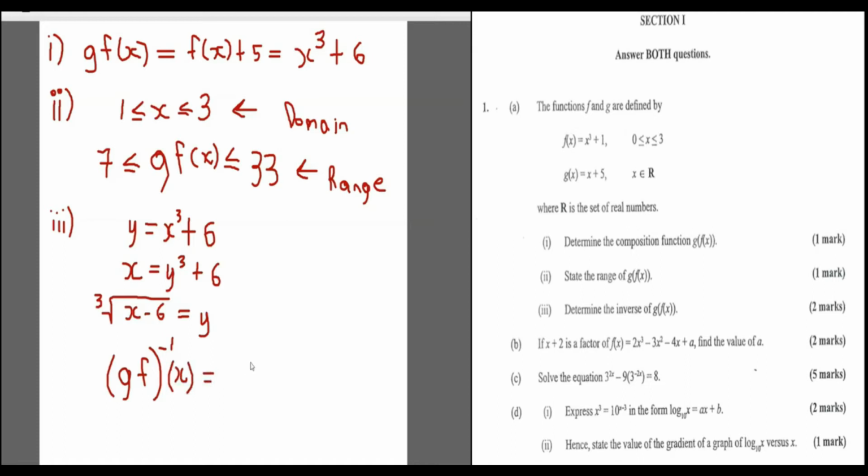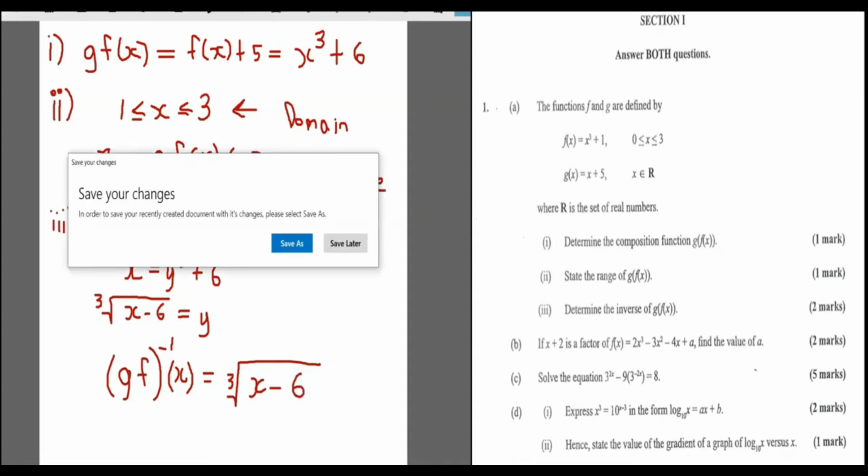That's the inverse, the cube root of x minus 6. Nice and easy, no issues with this question.